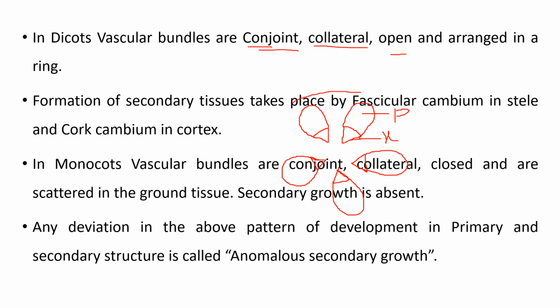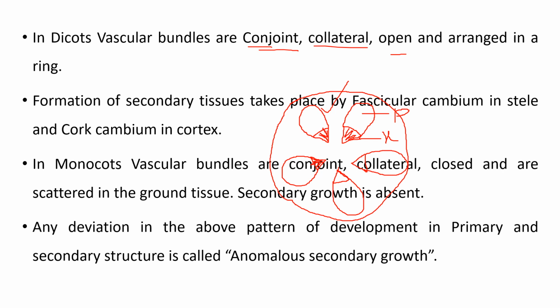So they are arranged in a ring-like manner, and they are conjoint, where the xylem and phloem lie together, and collateral is the xylem and phloem present in the same radius, xylem present inner to the phloem and phloem present in the outer layer.